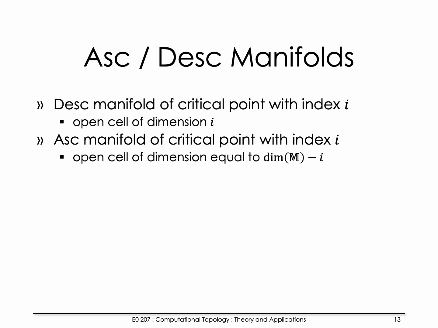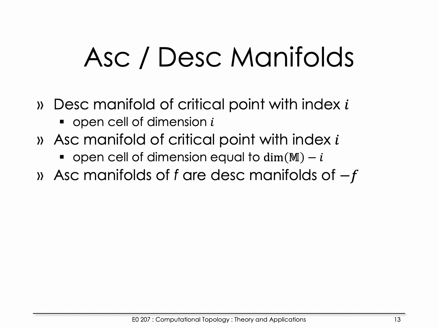So again, the same example, the maximum has index 2, and the ascending manifold of that maximum has dimension 0, because you cannot ascend from the maximum anywhere else except stay at the same point. Right. So you already would have noticed the duality between the ascending and descending manifolds. Formally, the ascending manifolds of f are the descending manifolds of minus f.